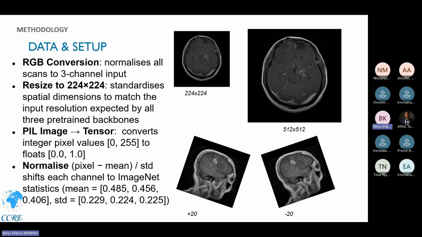Although EfficientNet B3 works best with 300 by 300, it could also work with this. After that, we converted our images from integer pixels to floating point tensors, and then we normalized this to reduce the variance in our inputs.